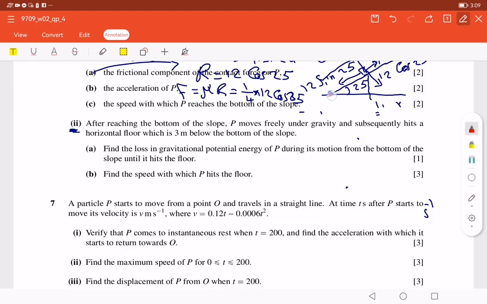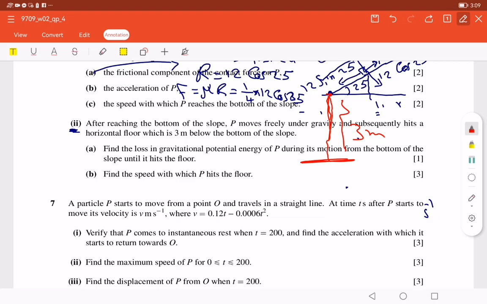What does it mean? It means the body reaches the bottom, then moves freely under the gravity to reach the floor. And this distance is the vertical distance, which is equal to 3 meters.